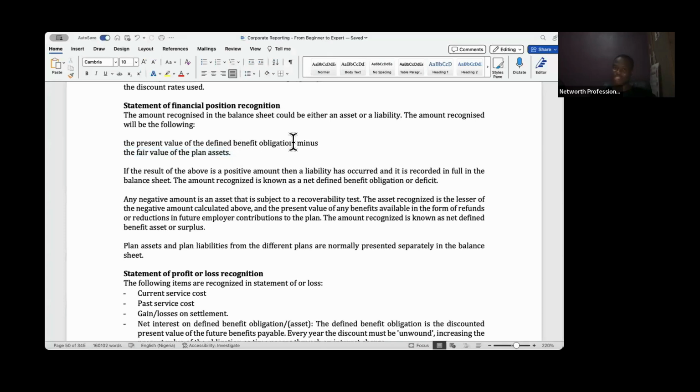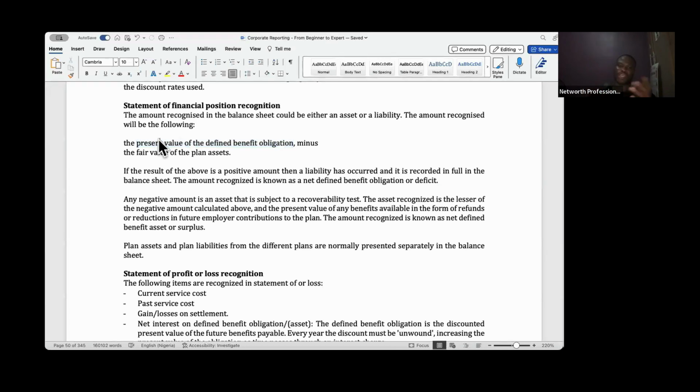Remember, I mentioned this obligation, which is usually built up through that current service cost. That obligation, at the end of every year, we are going to match it against the plan assets. We don't recognize them separately in the balance sheet. We usually recognize only the net.